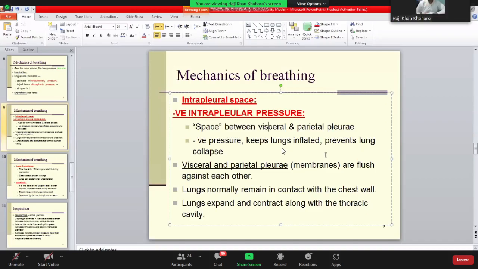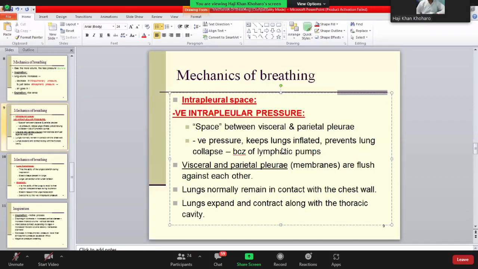And this pressure is negative. Why is it negative? Sir, due to elasticity, surface tension. Elasticity, surface tension. No, why is intrapleural pressure negative? It is negative because of the lymphatic pump present in this cavity, in this space.